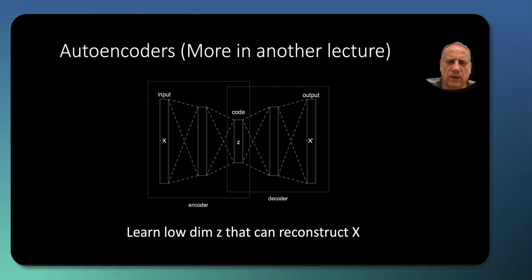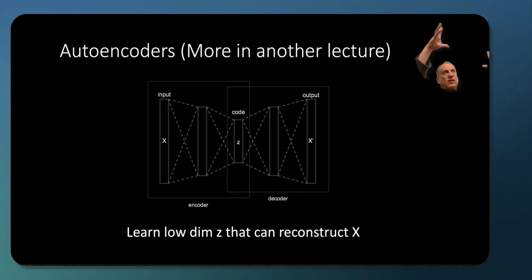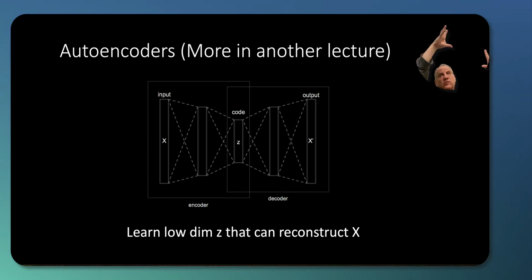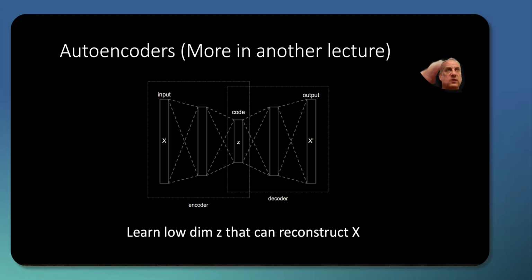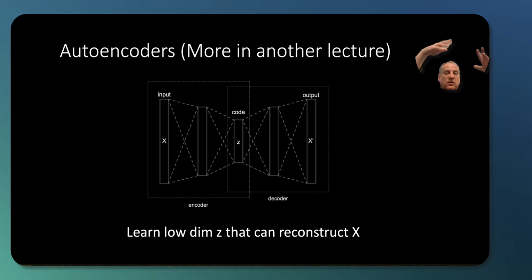So what we could do is build a neural network that starts out with a huge number of input nodes. Let's say it's kind of linear layers. When I say linear layers, of course, I do mean that there'll be nonlinear activations, but just sort of dense layers, not convolutions or whatever.